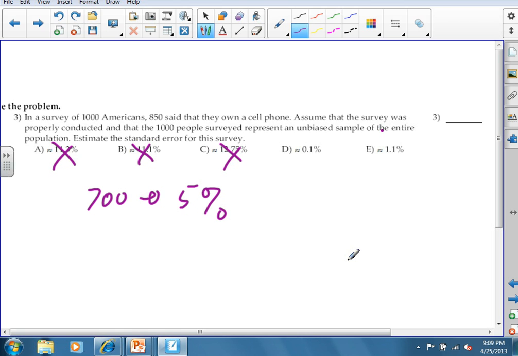Margin of error in polling, page 600 and something.